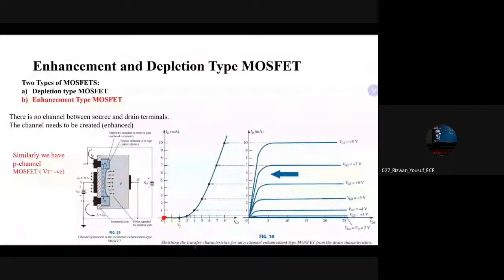Drain current is also 0, so device is not conducting. When you increase VGS and you cross VT is this point, the device will turn on and it will start conducting. अब जितनी VGS और increase होती जाएगी उतनी device और on होती जाएगी, उतनी इसमें current जो है that will increase.